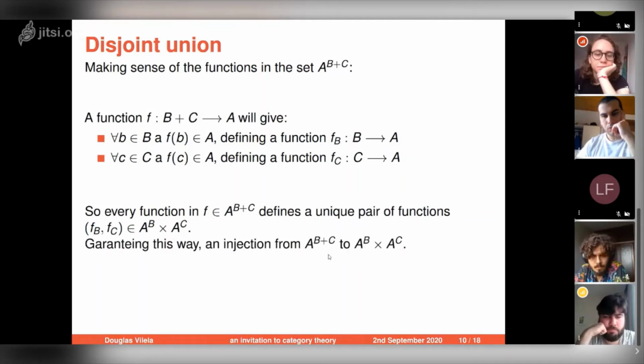So what we're going to prove now is that for every pair of functions in this Cartesian product of sets we have just one function here too. So we're guaranteeing the other way around. Guaranteeing this way, we're assuring that the sets are isomorphic to one another.